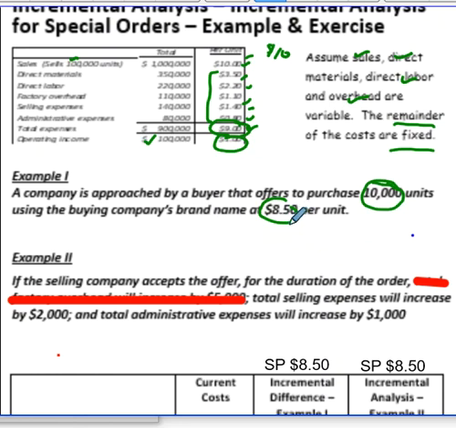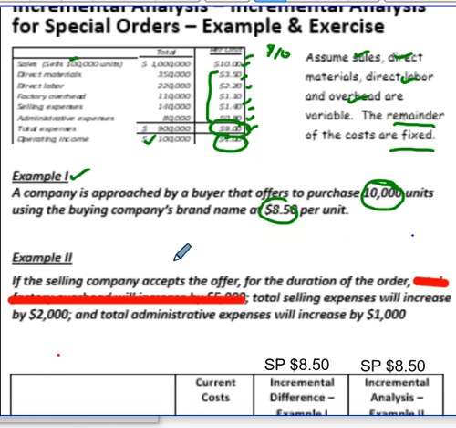Now, initially your intuition will say, well, no, there's no way I want to do that because I don't want to lose money on a unit. But what we have to do is perform an incremental analysis on this special order and say, incrementally, are we better off than we were if we didn't take this order? So again, it's going to be a decision between two alternatives, whether to take the order or not to take the order. So let's start off again with example number one.